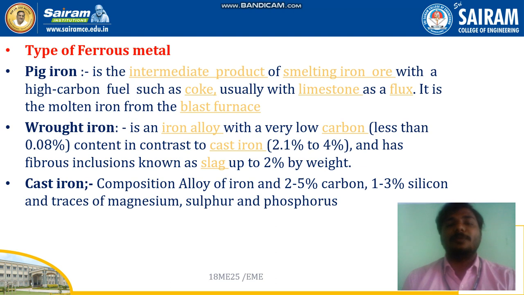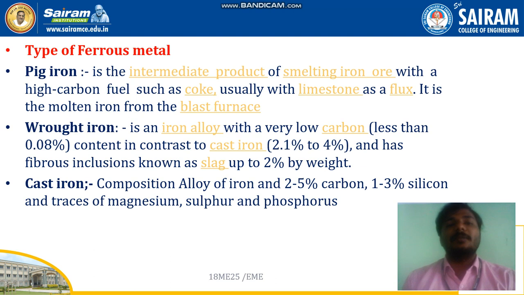Whatever shape is needed for that product, we design it, and then we pour the molten metal from the furnace into that shape. So automatically the product will take the shape we have designed.